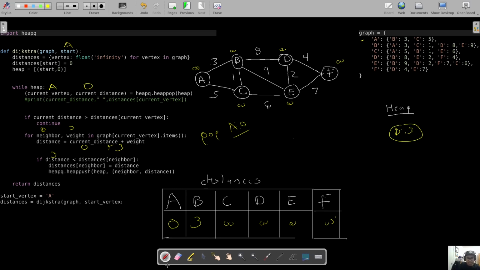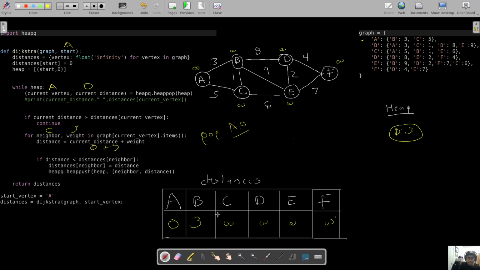And now we do the same thing for C. C, okay. And C has a weight of 5. And our current distance is 0 plus 5.